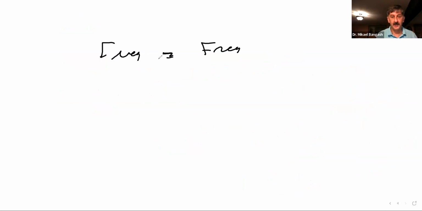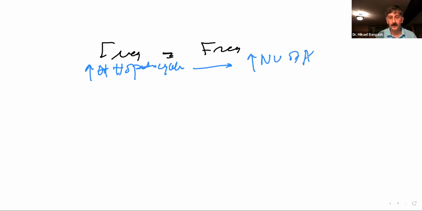The only thing that we changed was the number of cycles per pulse. That is increased. So if that increases, what's going to happen? The numerical value of your axial resolution, or as they said here, range resolution, is also going to increase. That's all they asked.